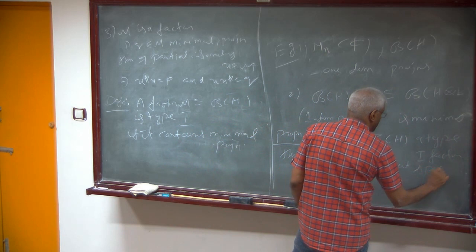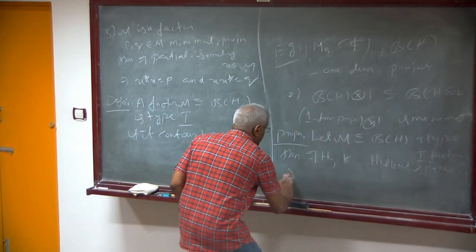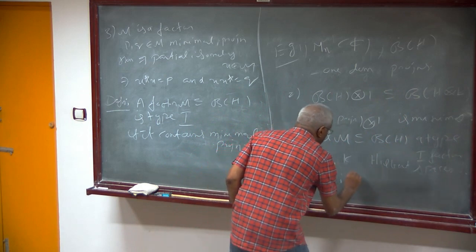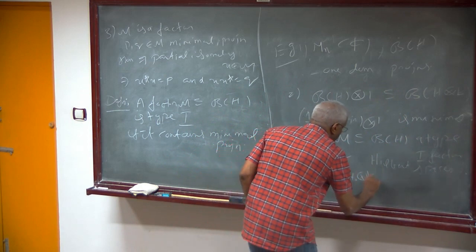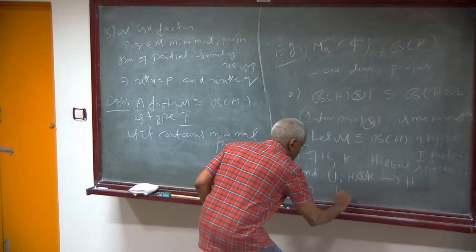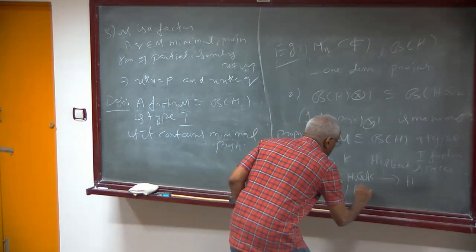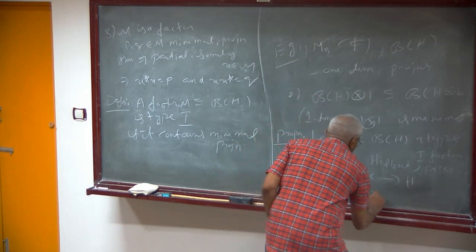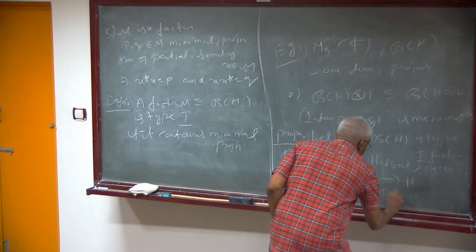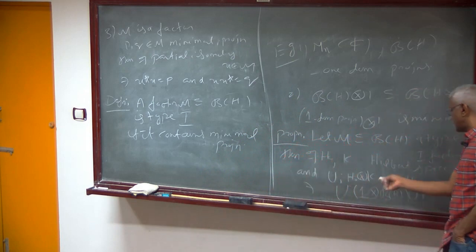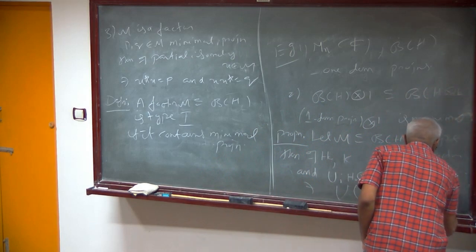And a unitary U from H_0 tensor K to H such that U (1 tensor B(H_0)) U* equals M. This is a very nice isomorphism.